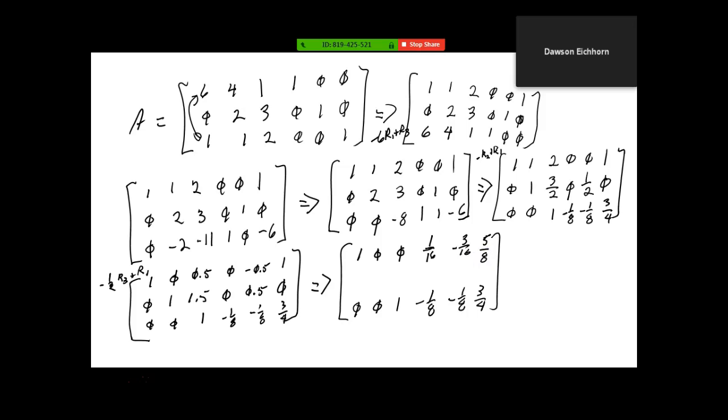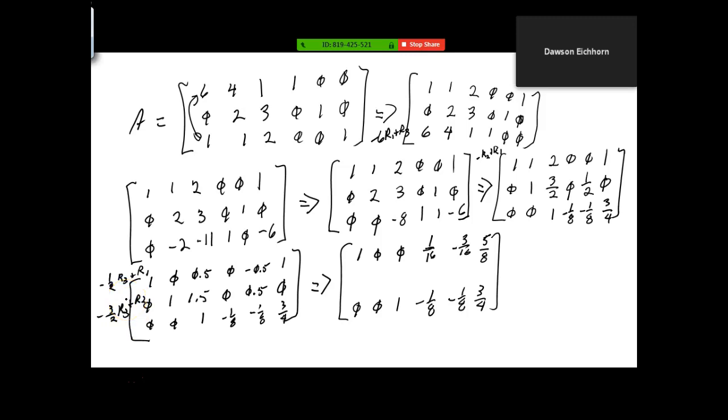Now, what we want to happen in row 2 is that 1.5, or 1 1/2, or 3/2, to become a 0. How we make that happen is negative 3/2 times row 3, add it to row 2.